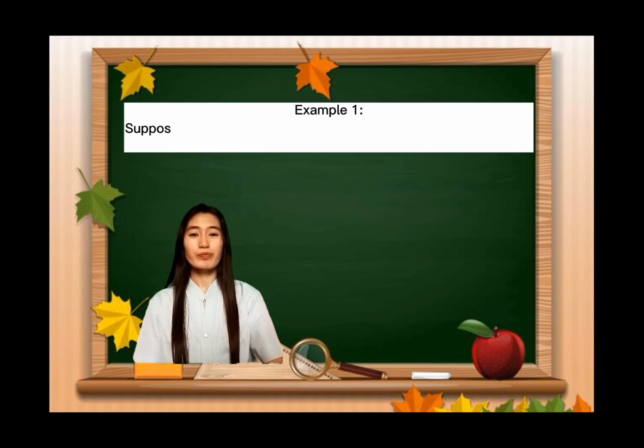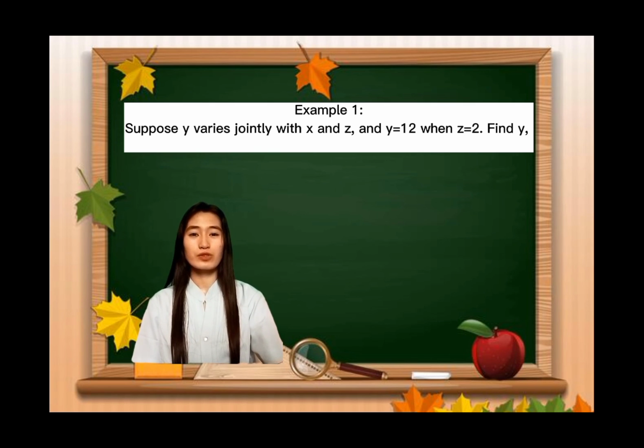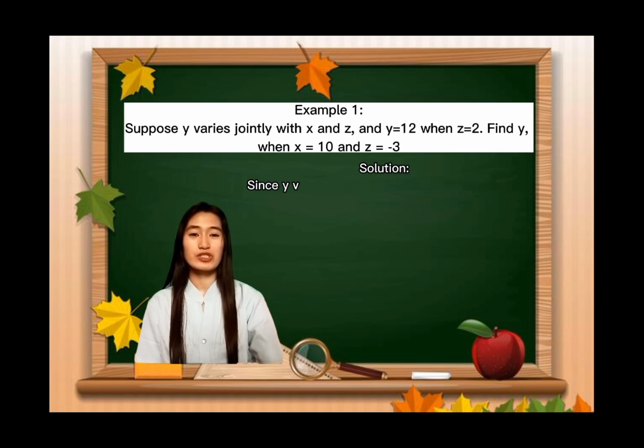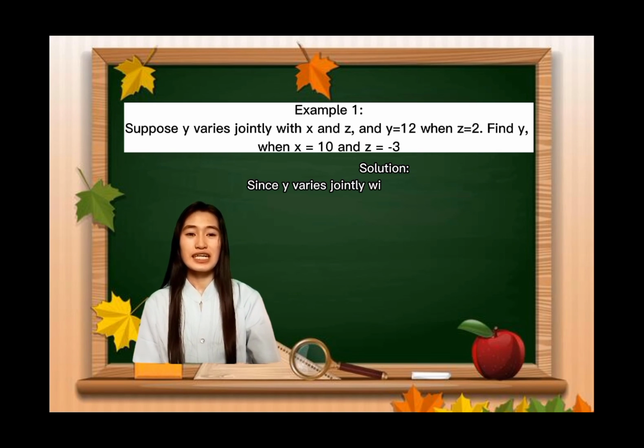Example 1. Suppose y varies jointly with x and z, and y equals 12 when x equals 5 and z equals 2. Find y when x equals 10 and z equals negative 3. The solution is, since y varies jointly with x and z, then y equals kxz.